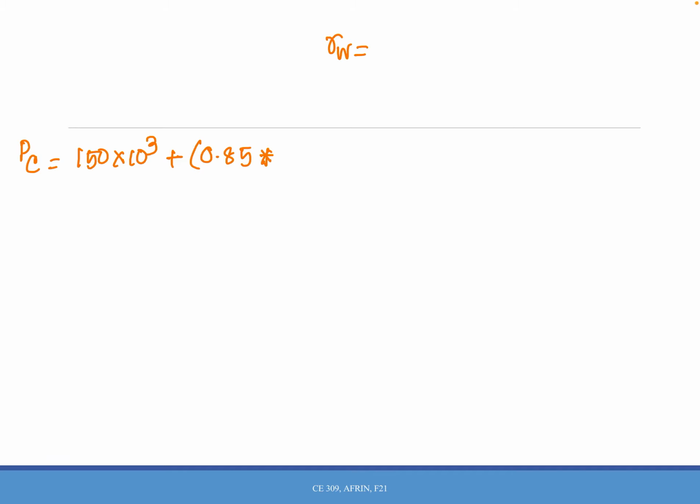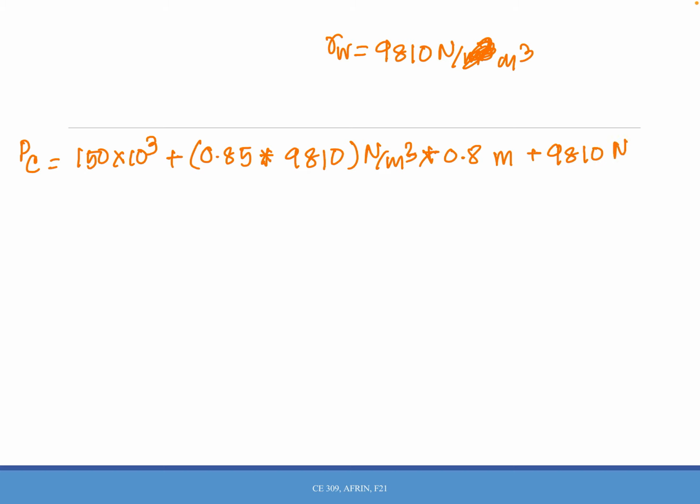Gamma water is 9810 Newton per meter cube. And the depth of oil has to be 0.8 meter. And for water, it will be 9810 Newton per meter cube times 2.